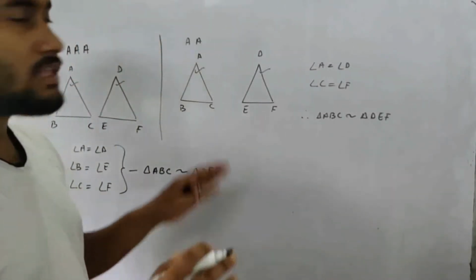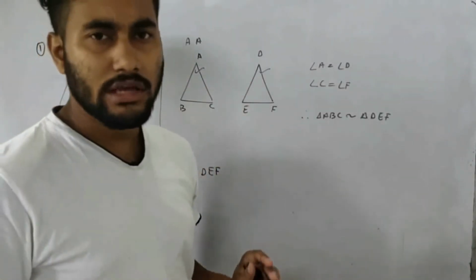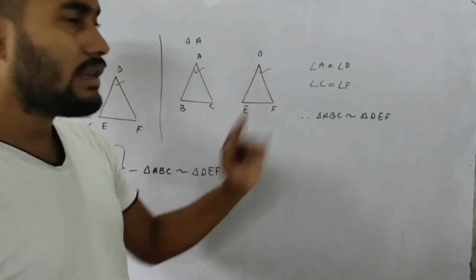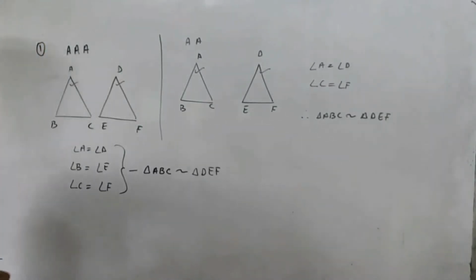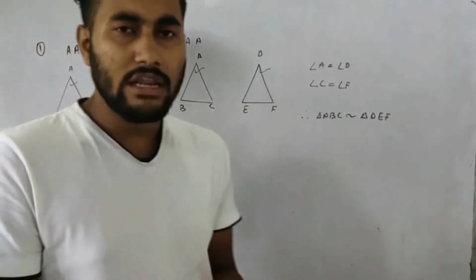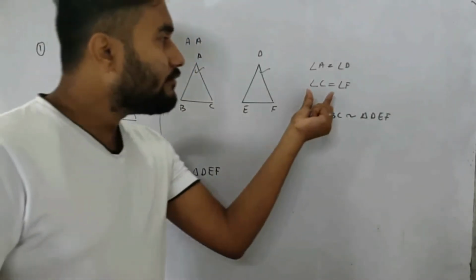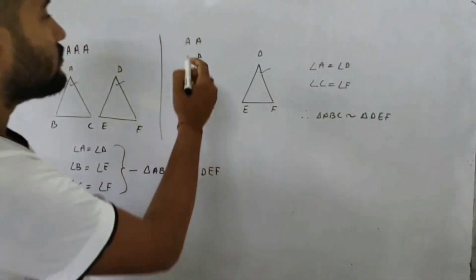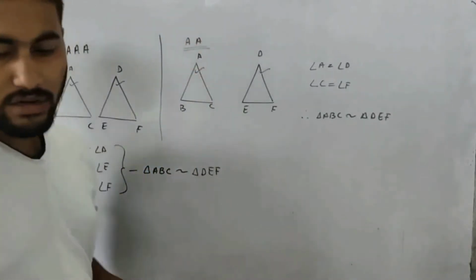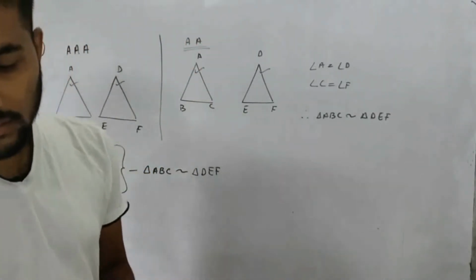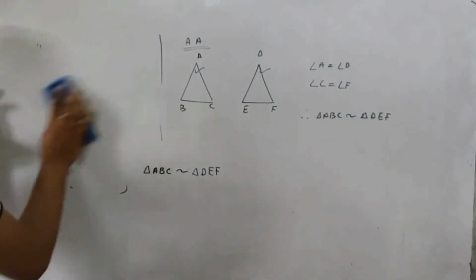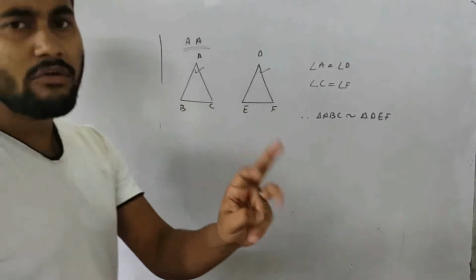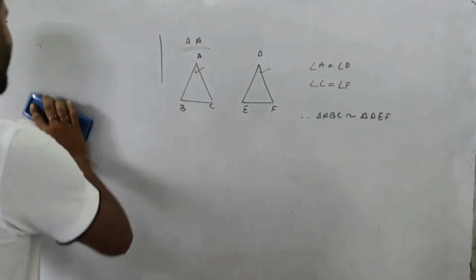The sum of all the angles is 180 degrees here, and over here also the sum of all the angles is 180 degrees. The equal angles cancel, and what remains is that angle B is equal to angle E. In short, you can show 3 angles equal, or if you cannot show 3 equal, showing only 2 equal is also enough by the angle property, and the triangles will be similar. This was for angles.